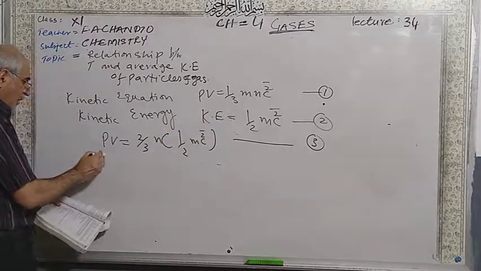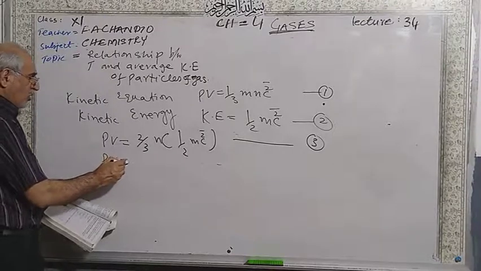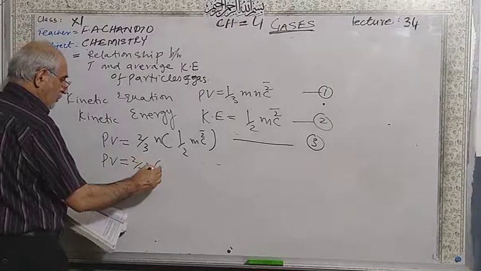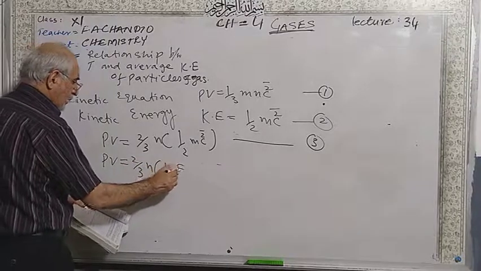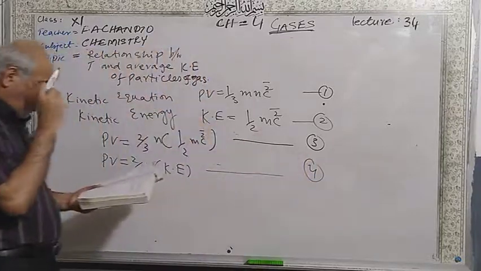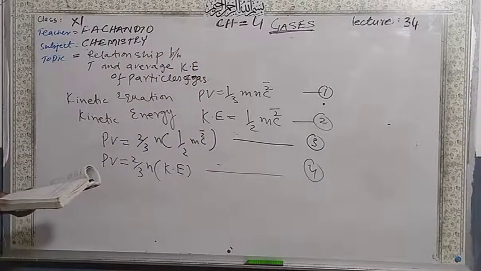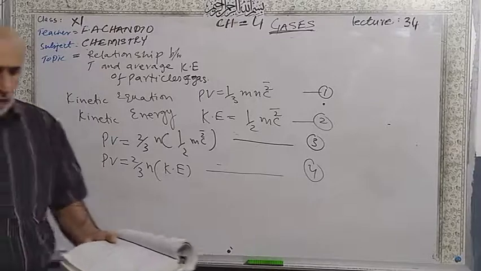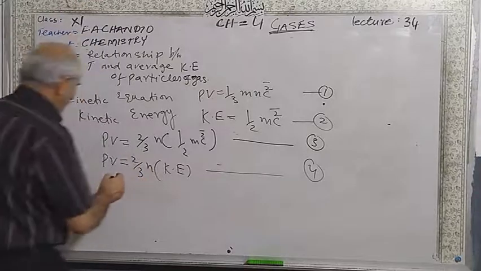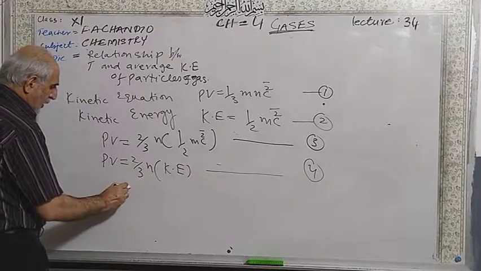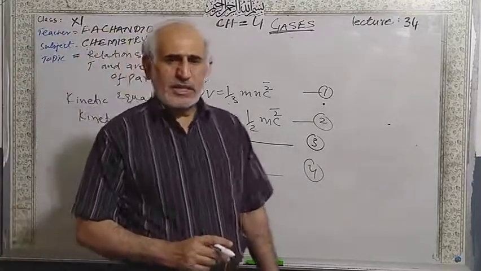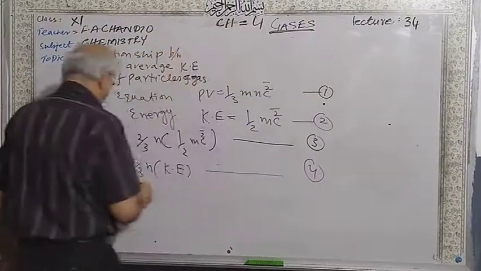So that is why PV is equal to 2/3 n times kinetic energy. This is equation number 4. Now n are the number of moles, and 1 mole of every gas is equal to Avogadro's number.